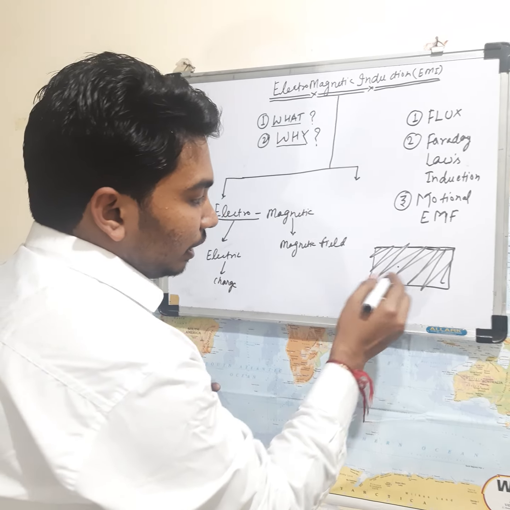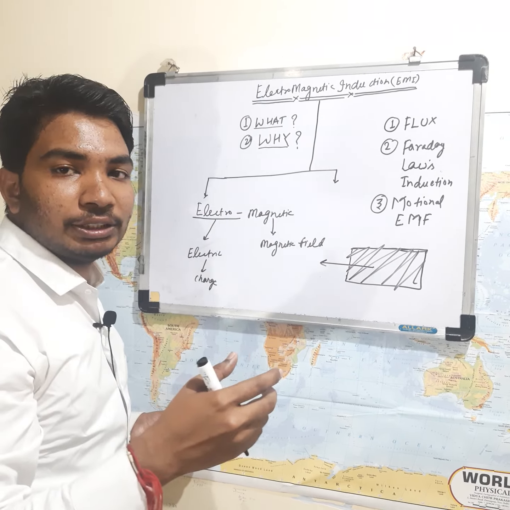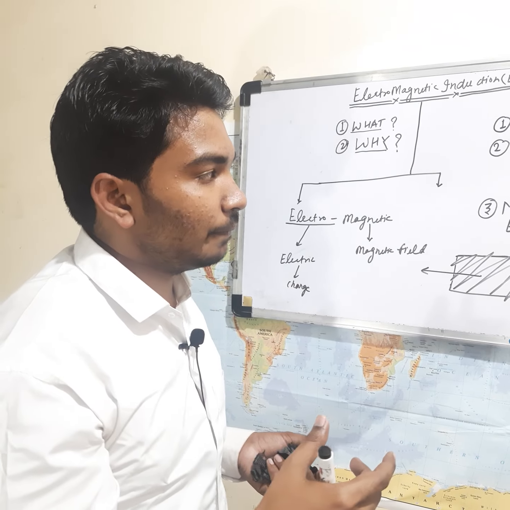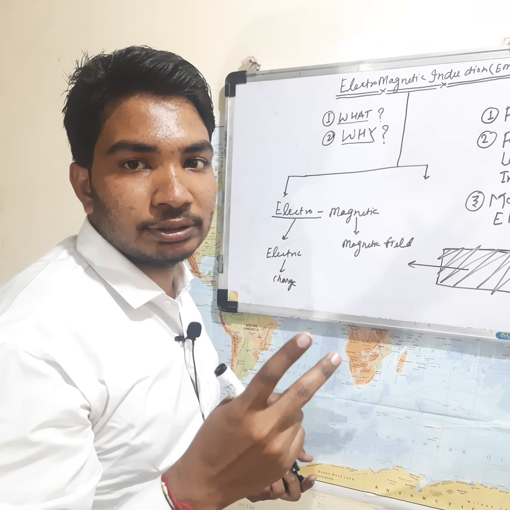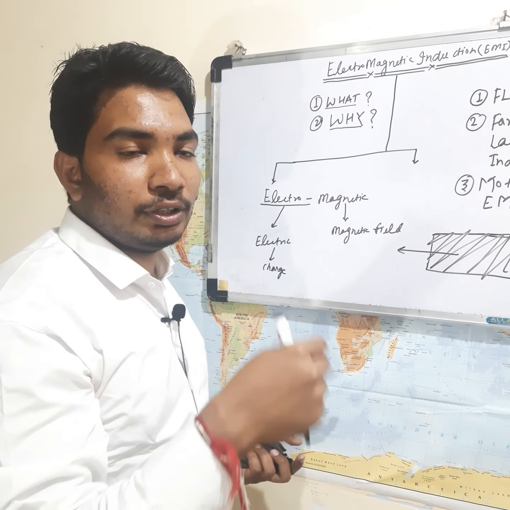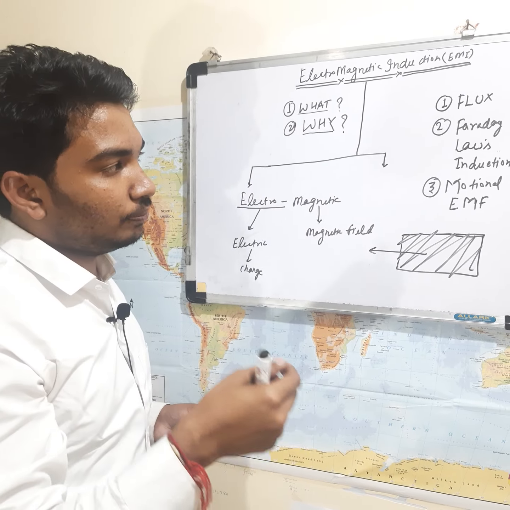Induction means basically induced electric field, and the scientist who gave this phenomenon was Michael Faraday, and he gave us two laws, the first law of induction and the second law of induction. We are going to learn these two laws in the next couple of minutes.